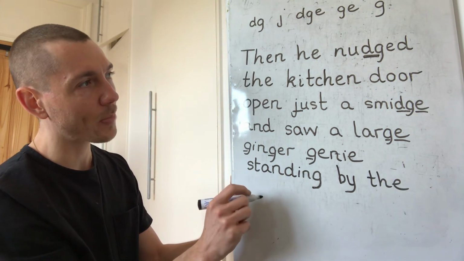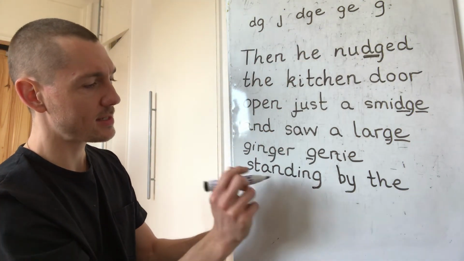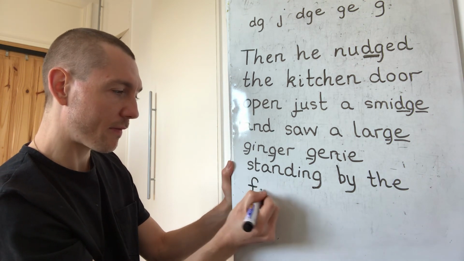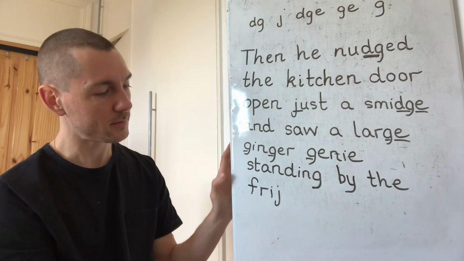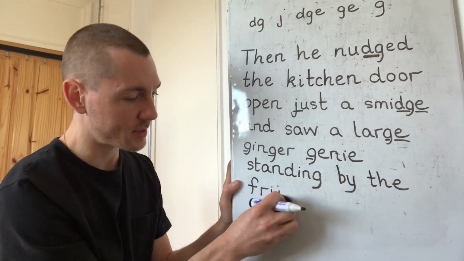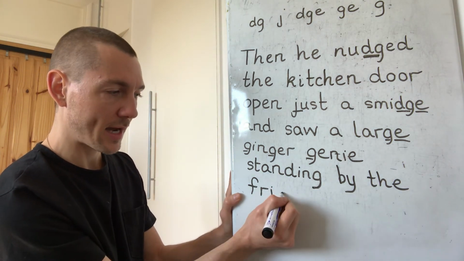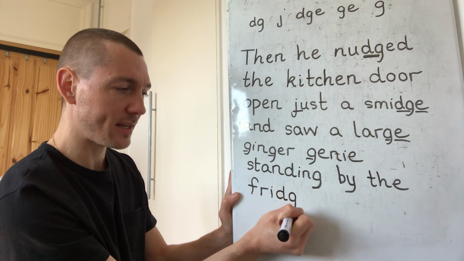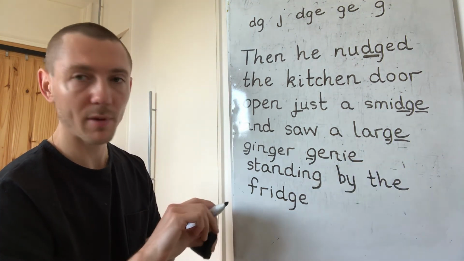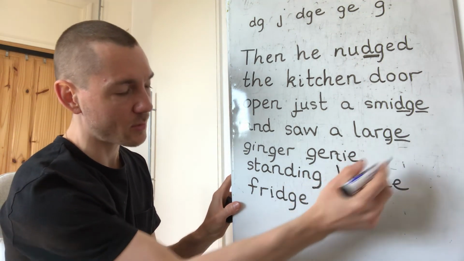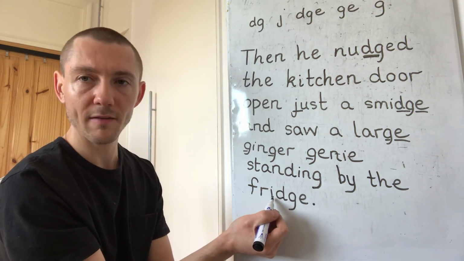So think about where we used the different spellings of j in the other words that we had, and tell me if this is right. J. Am I right? No? You've spotted a pattern, haven't you? At the end of words, we often have that particular DGE spelling, or the GE spelling, don't we? And remember, like we said before, you can decide whether it's the GE or likely to be the DGE spelling at the end by the vowel sound before it.